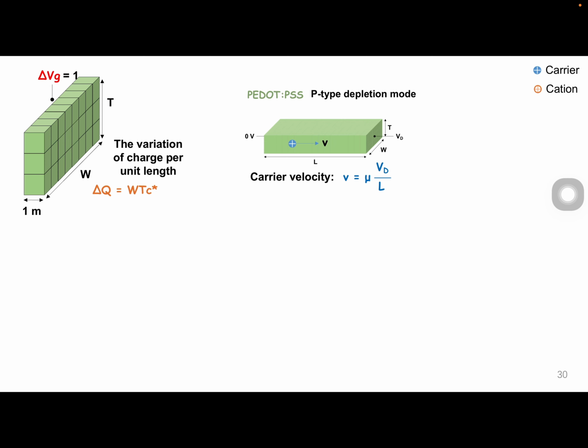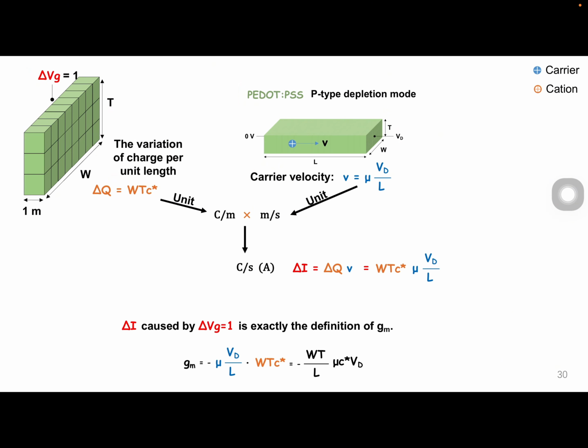They are measured in coulomb per meter and meters per second, and when they are multiplied together, that's current. So the change in current in the semiconductor is delta Q times V. The amount of current change caused by a 1 volt change in gate voltage is exactly the definition of transconductance.